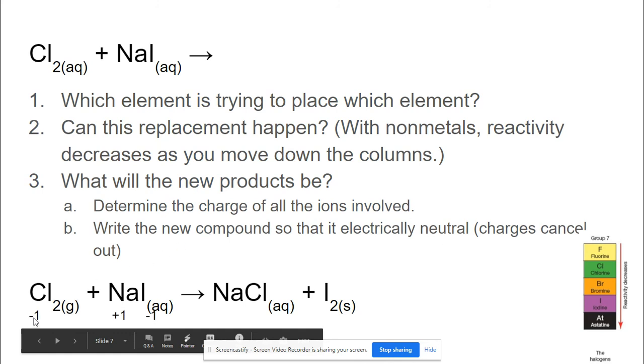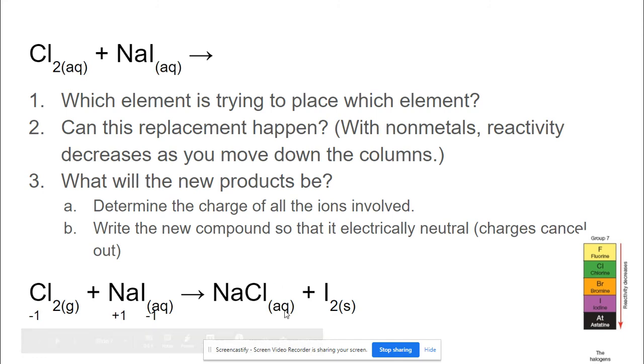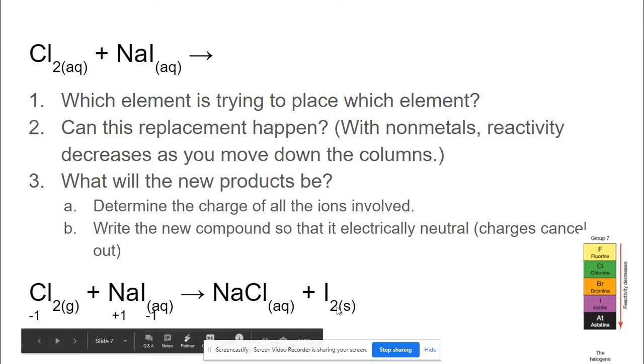Here are the charges. Chlorine's a -1, sodium's a +1, iodine's a -1. So if I'm going to combine the sodium with the chlorine, +1 -1 means I need one of each. That's sodium chloride. And then the iodine got kicked out, and that's the single element.